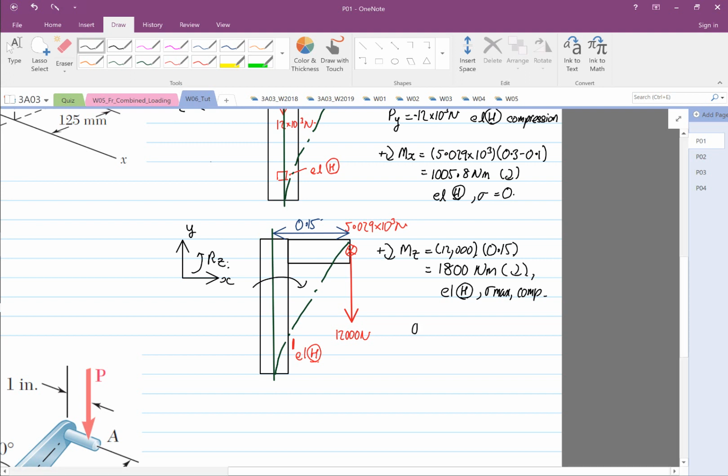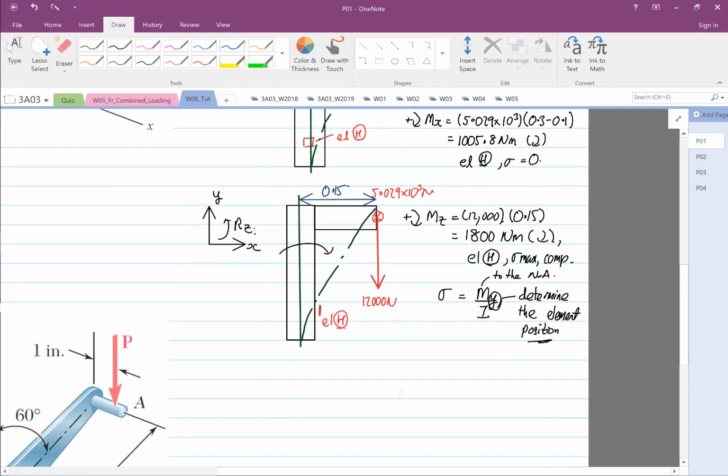Because you know that stress is equal to My over I, and M is about the neutral axis, and the y will determine the element position. That is why you take it to the neutral axis.